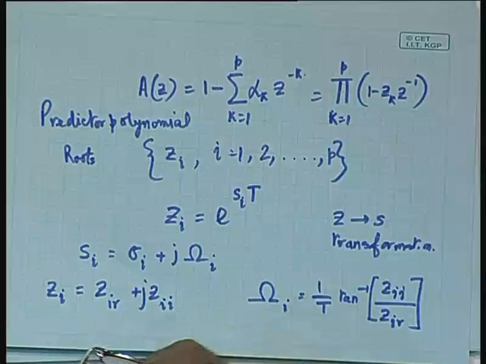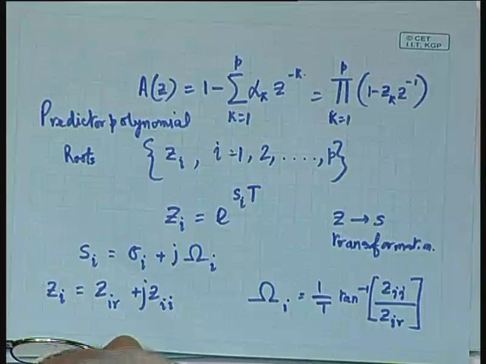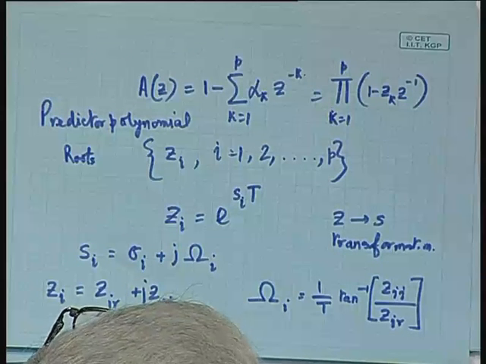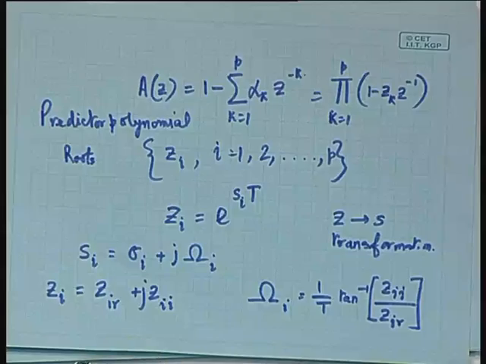This basically involves the factorization of the predictor polynomial, and this factorization is not too complicated, simply because only a limited number of p's are considered. From a prediction point of view we have already discussed that beyond 6 or 7 past samples, the samples do not have any correlation with the present sample.